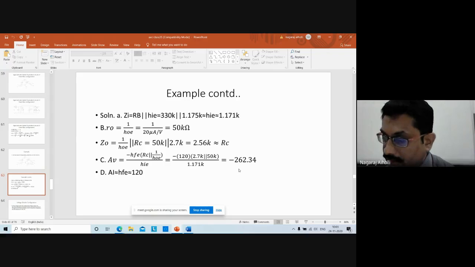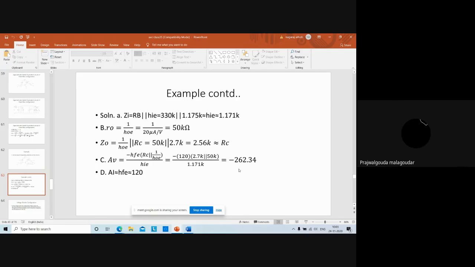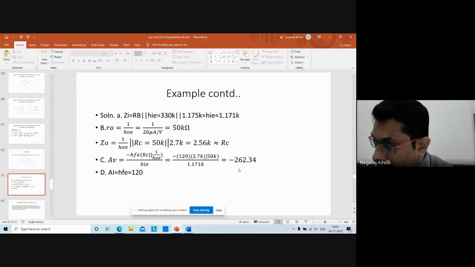Prajwal Gowda, getting the answer? Yes, sir. Ramesh? Doing, sir. Okay, do it. Ratan, got the answer here? Verify this answer. Yes, sir. Calculate. Okay. Rutik? Rutvik Gune? Yes, sir. Getting this answer, Rutvik?